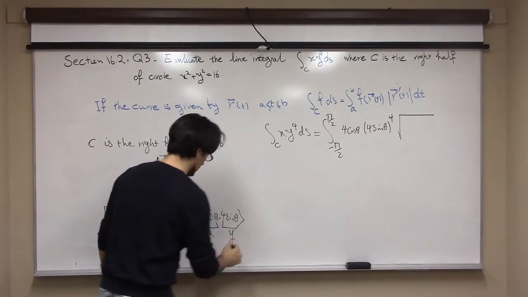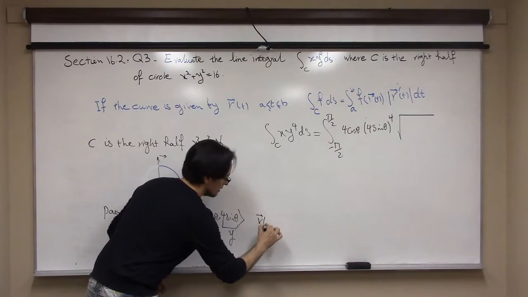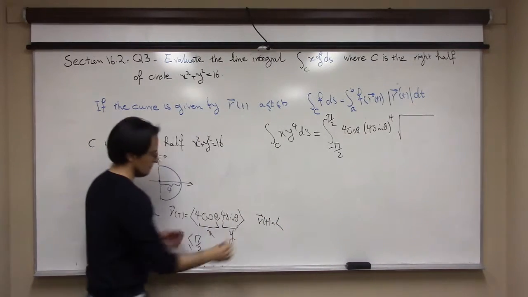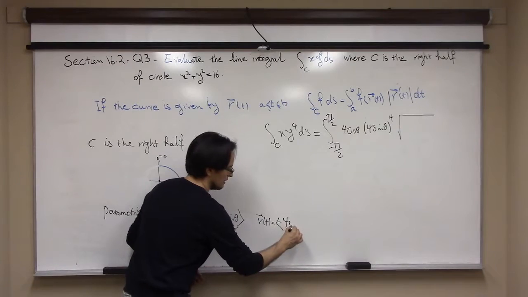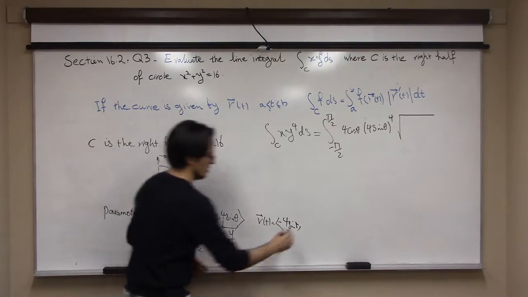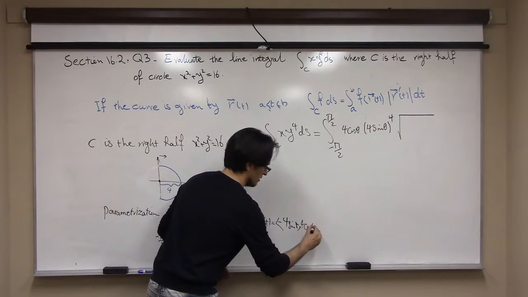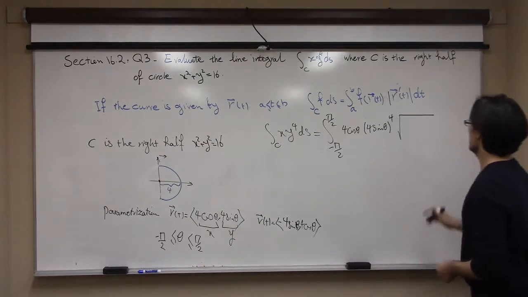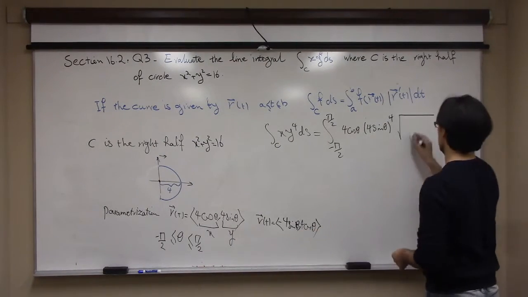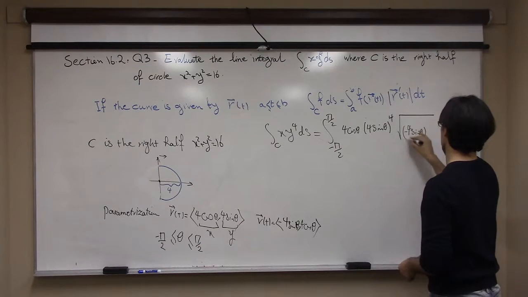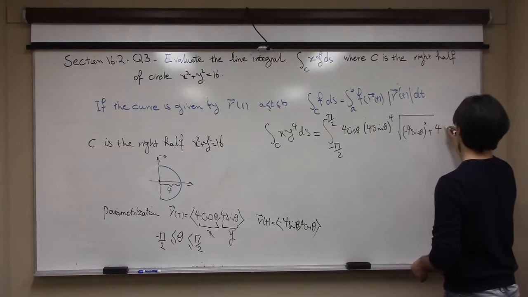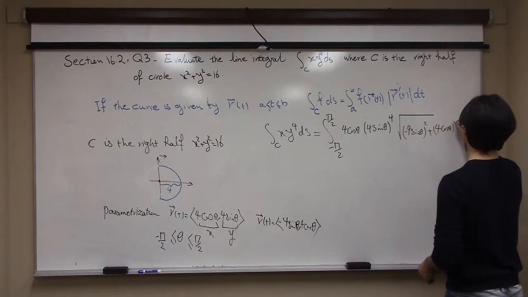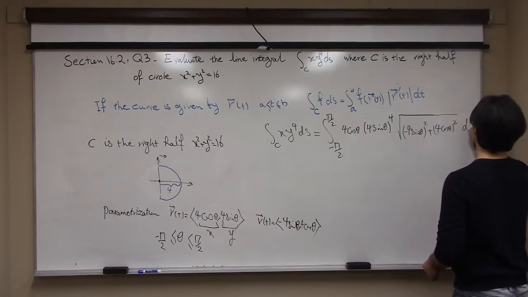So r prime, let me do it quickly here. R prime of theta is going to be negative 4 sine theta, 4 cosine theta. I have to do everything in theta now. So now the length of this is the square root of negative 4 sine theta squared plus 4 cosine theta squared, d theta.